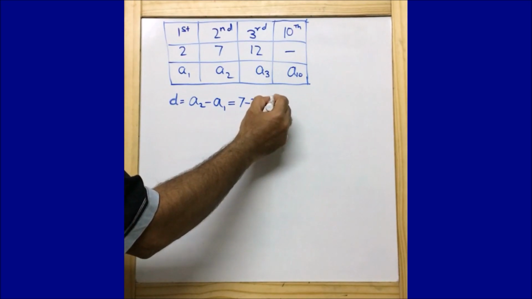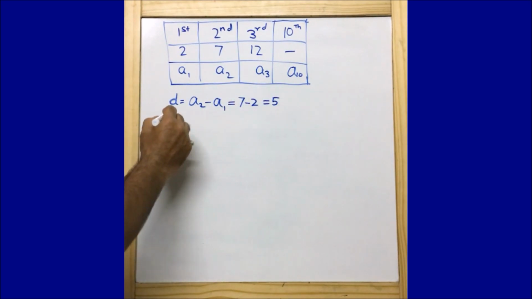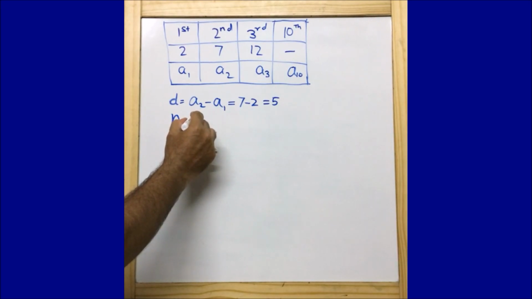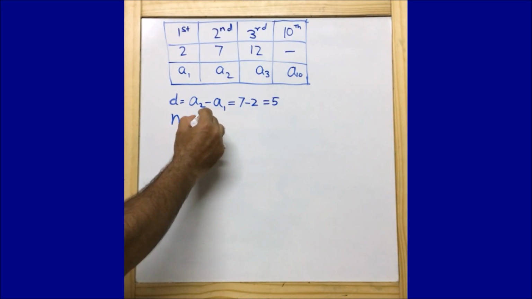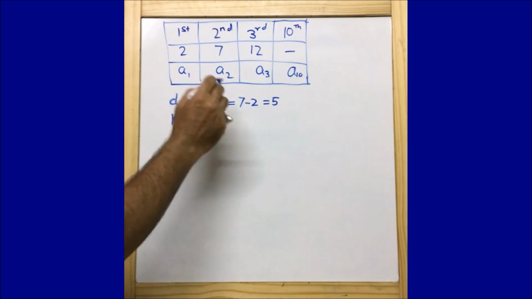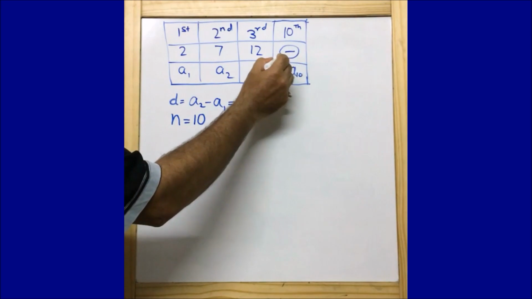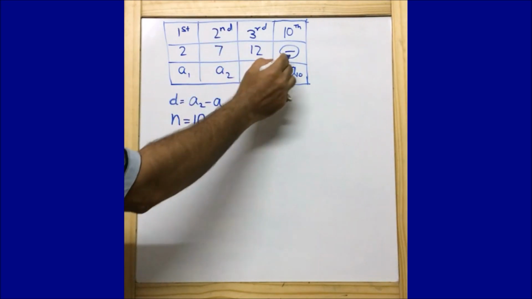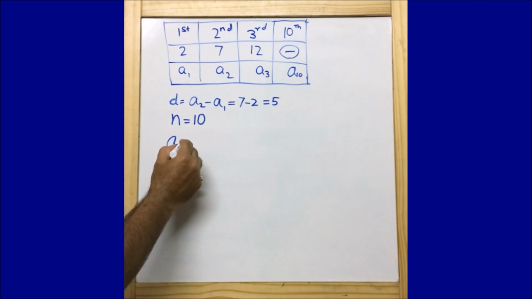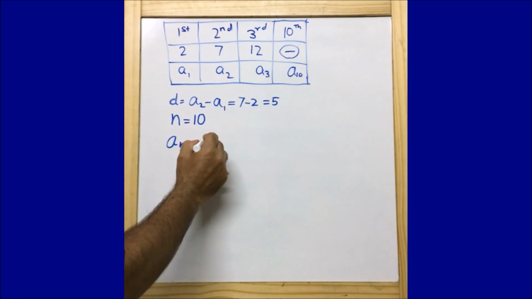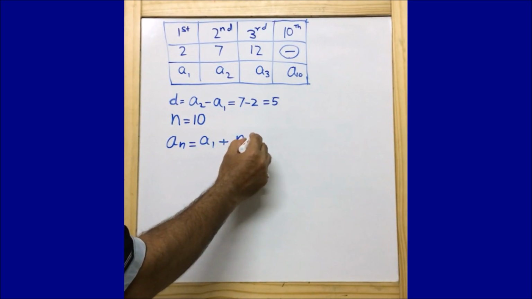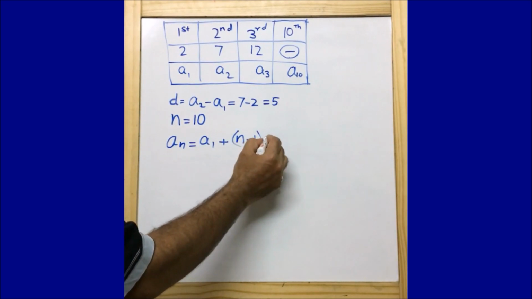So we got the common difference as 5 and n here is 10 because we are going to find the sum of 10 terms. But for finding the sum of 10 terms we need to find this value first, particularly this value, using our formula an is equal to a1 plus n minus 1 into d.